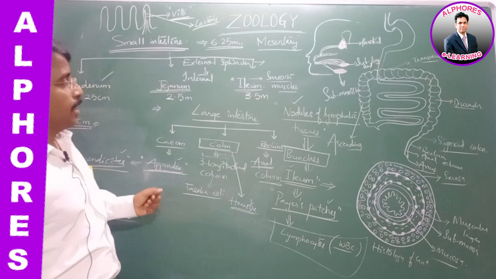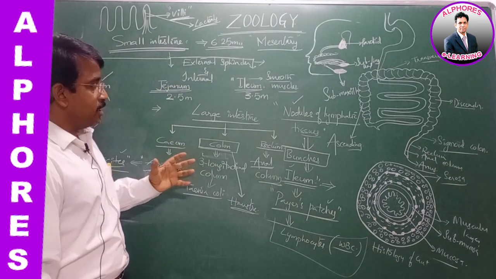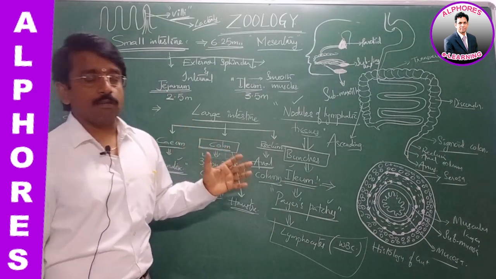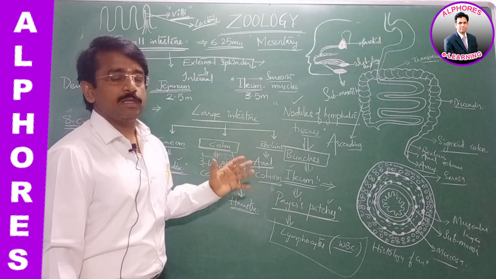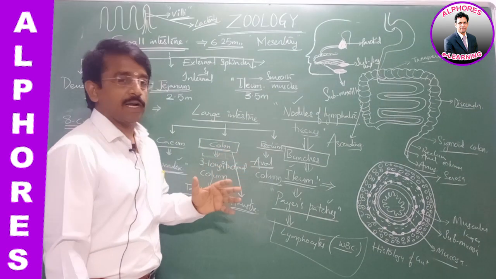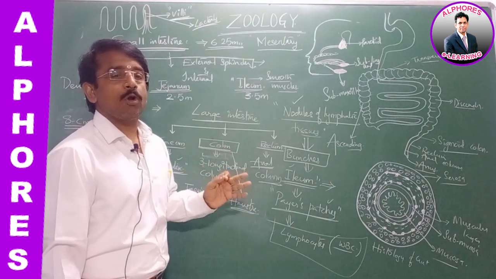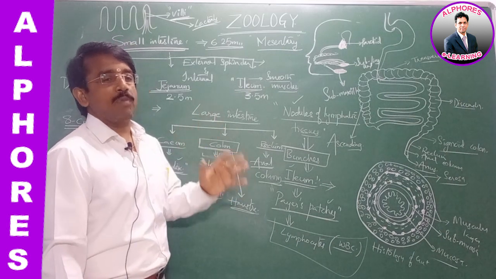Next, apart from that, all along the length of the small intestine, we find circular folds of mucous membrane.